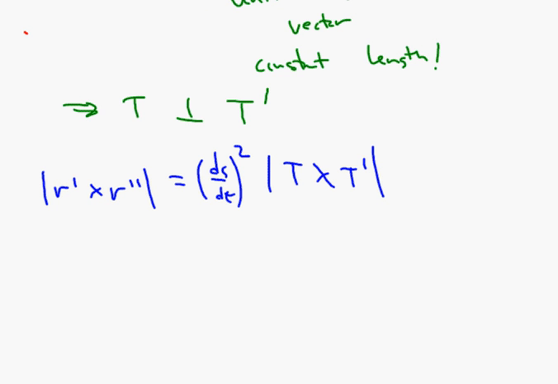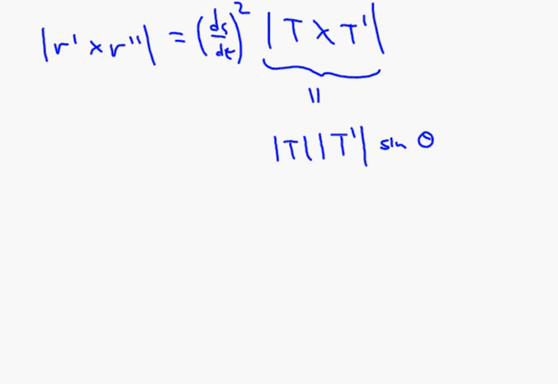Okay, and once I see the norm of a cross product, I get a little happy because I remember some special rule, right? The norm of a cross product, this thing, is really equal to the norm of the first vector times the norm of the second vector times the sine of the angle between the vectors. But in our case, don't forget, these vectors had to be perpendicular by the rule we just proved.